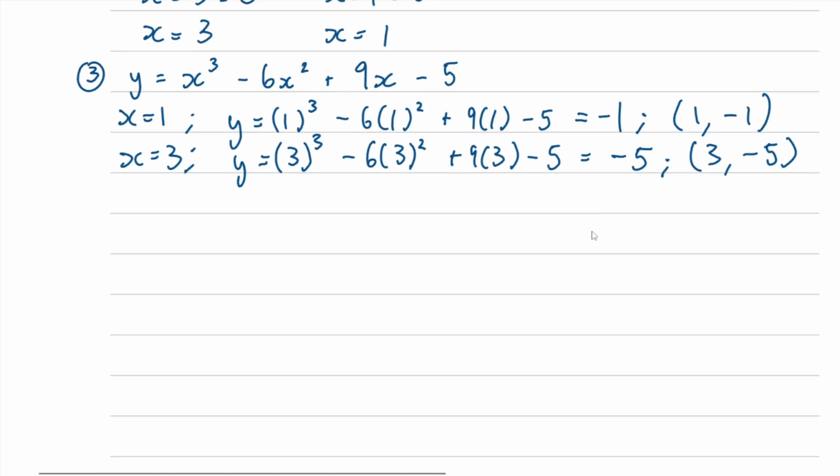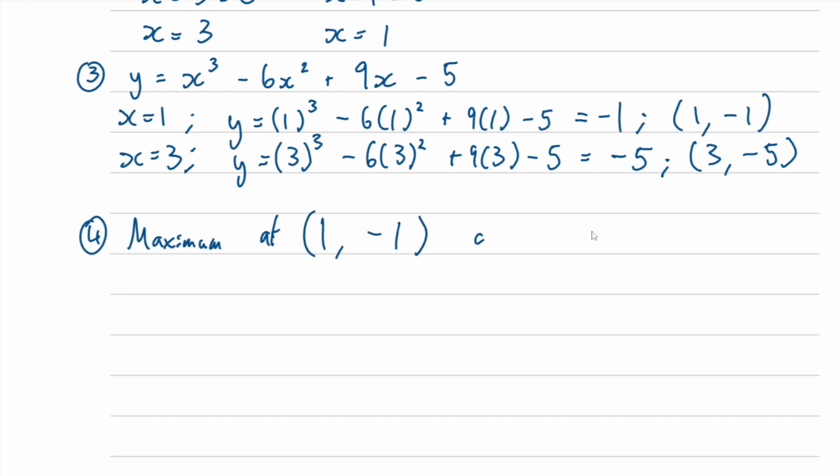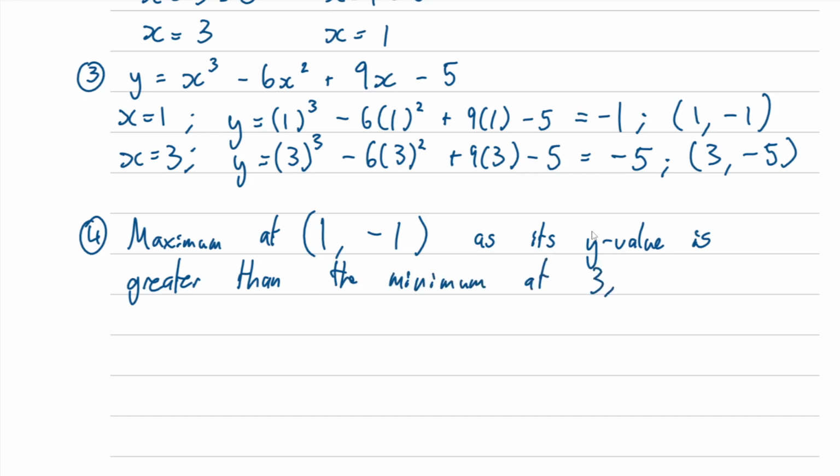Alright, so the obvious way to do it: there is a maximum at 1, negative 1 as its y value is greater than the minimum at 3, negative 5.